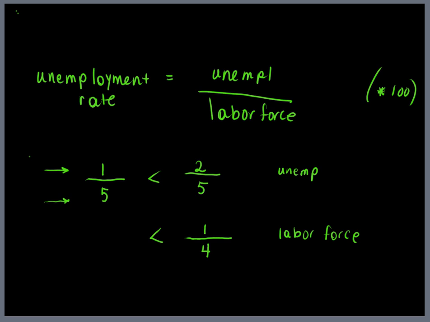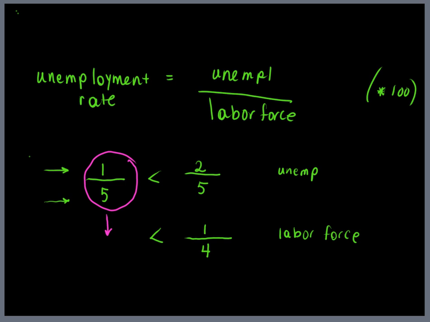So, for instance, let's go back to this number 1/5. Let's think about my wanting to make this number smaller. I can make this number smaller by increasing the denominator. I can keep the number of unemployed at 1, and I can make the denominator 6 instead of 5. And 1/6 is smaller than 1/5.